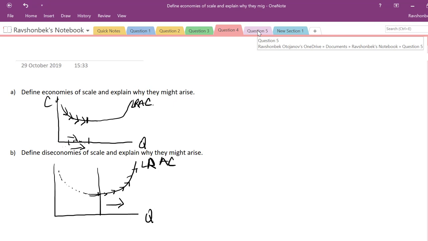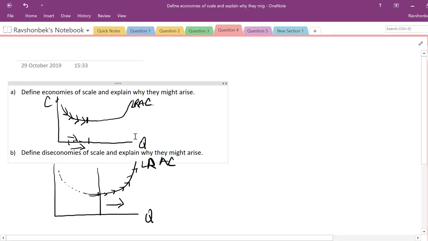In other words, to make it a little clearer, when economies of scale are achieved, the costs relative to the quantities decrease. In other words, output grows faster than the total cost. As a result, average costs decline.